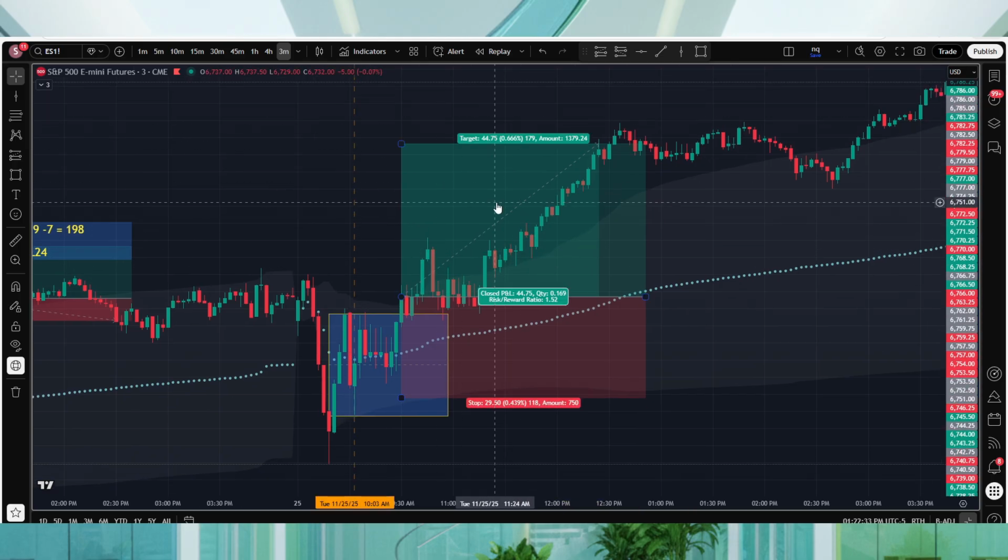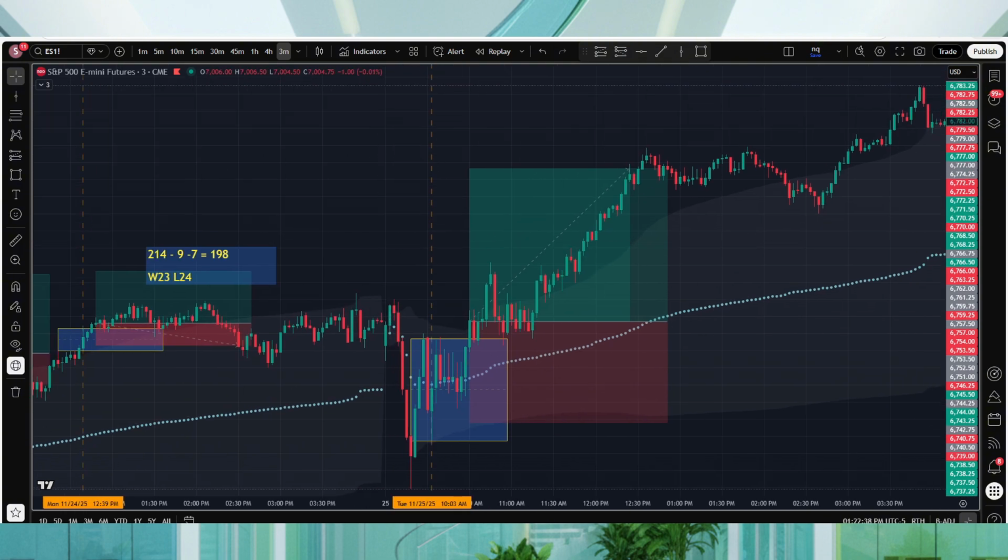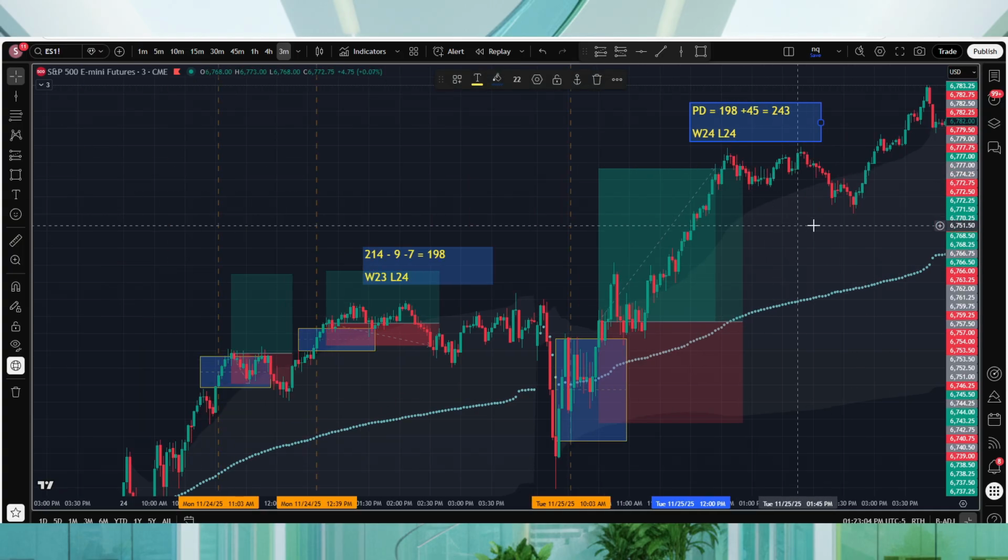So we get a 45-point target hit, quite substantial. All right, so PD equals 198 plus 45 equals 243. Right, 243. Wins are going to be 24 wins, 24 losses. Very nice.